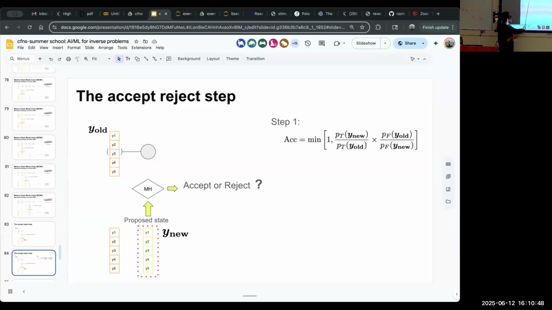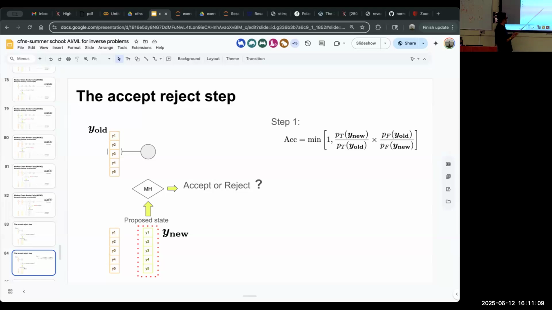It doesn't exist because it's a symmetric function. But when you have a normalizing flow as a proposal function, this doesn't cancel out. So you actually have to have this weight here to reweight your true probability ratio. Okay? So this is what you have to compute.